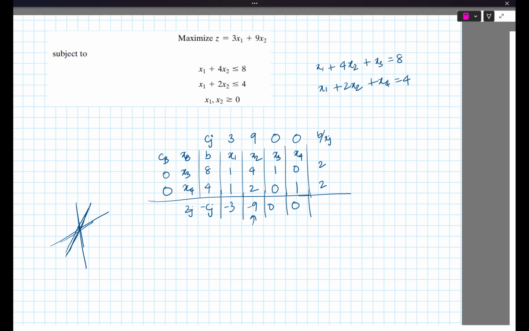So in degeneracy, you're perturbing your b value. The proof of the method is via perturbation. You are perturbing the b value. So you are looking at something else instead of b by xj.